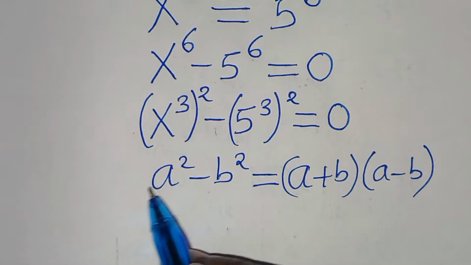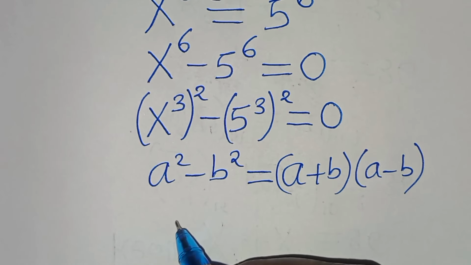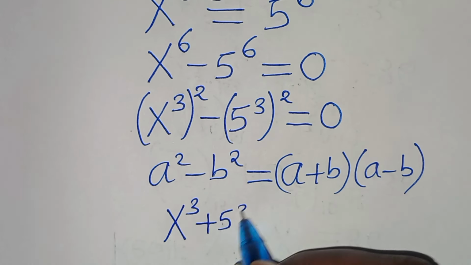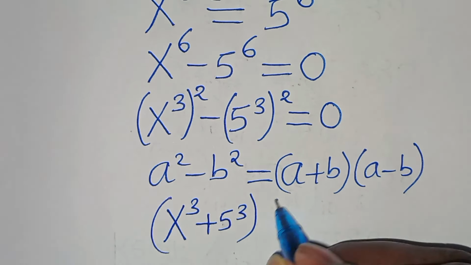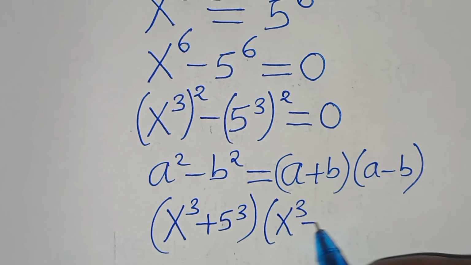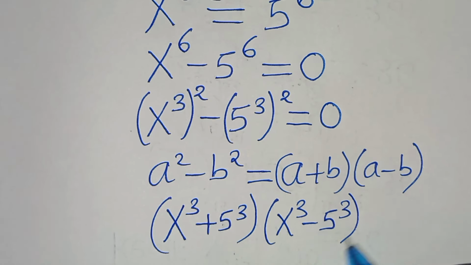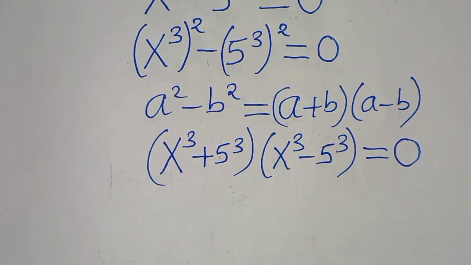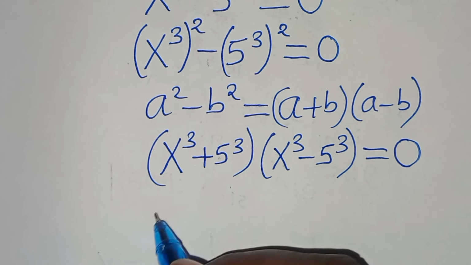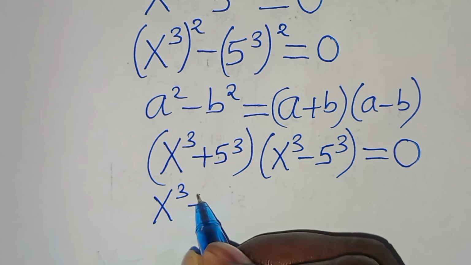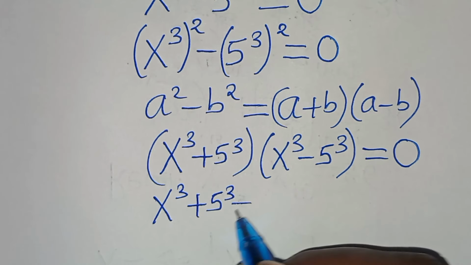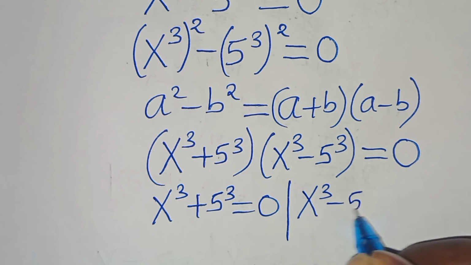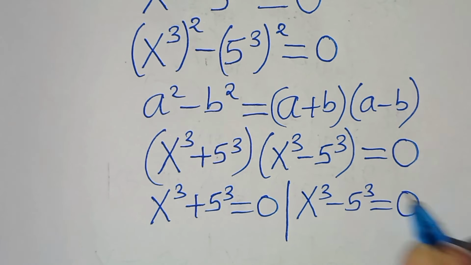Now, applying this identity, we have x to the power of 3 plus 5 to the power of 3 multiplied by x to the power of 3 minus 5 to the power of 3, equal to 0. So this means that we have two cases here. We have x to the power of 3 plus 5 to the power of 3 equal to 0, and x to the power of 3 minus 5 to the power of 3 equal to 0.